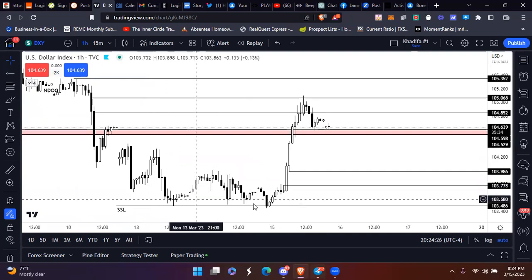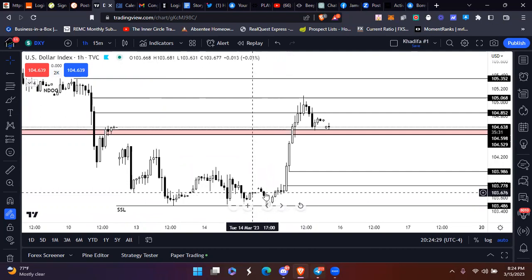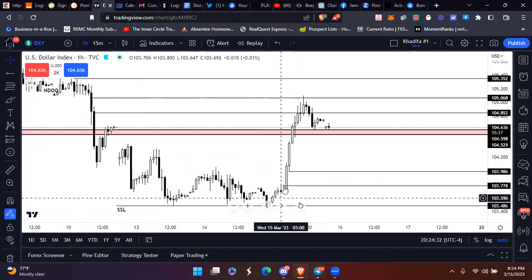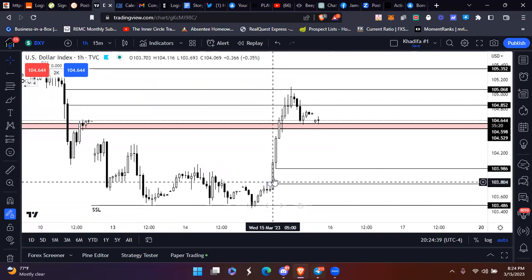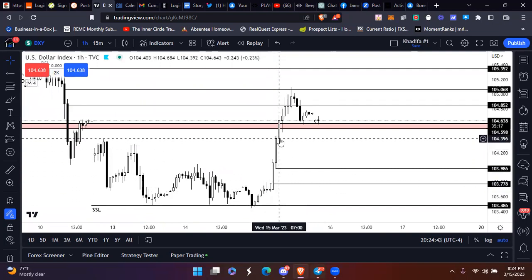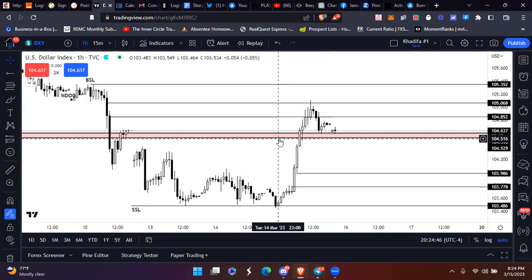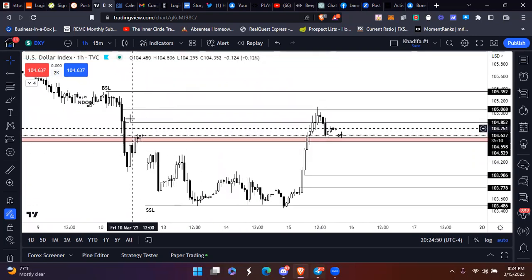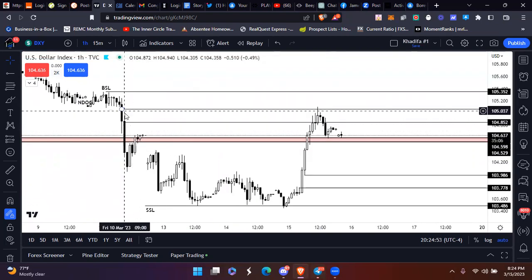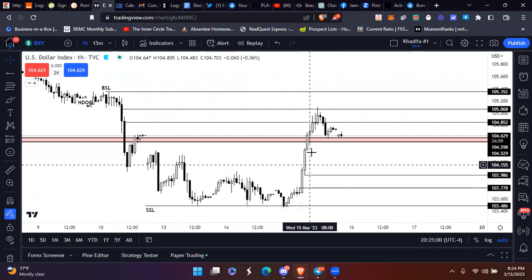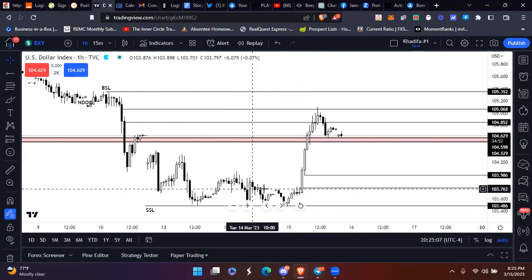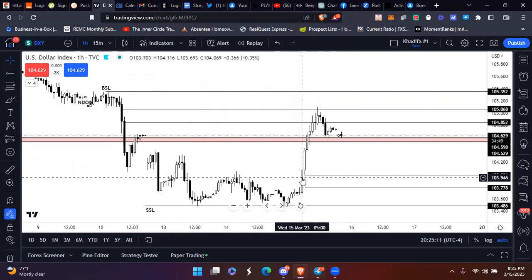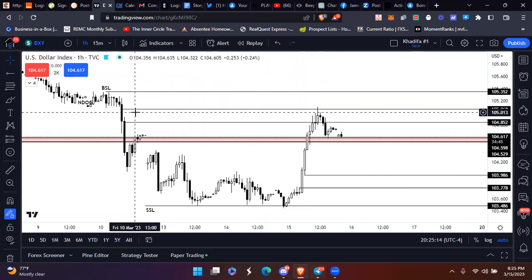So this morning, once we seen that market structure break and we seen that breakaway fair value gap form right here, once we seen this candle close and that breakaway fair value gap was formed, we pretty much know that the algorithm is going to deliver price up into this new week opening gap and up into Friday's premium array that we was waiting for price to pull back up into Monday, but it took us until today to get there. And these are all of the indicators and the confluences that we needed to see to be sure that the algorithm was delivering price up into that premium array.